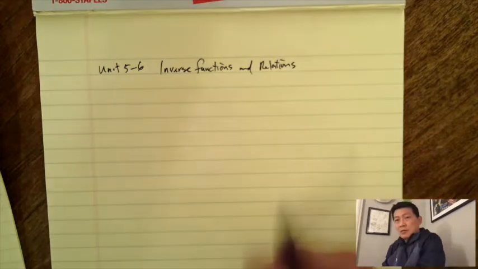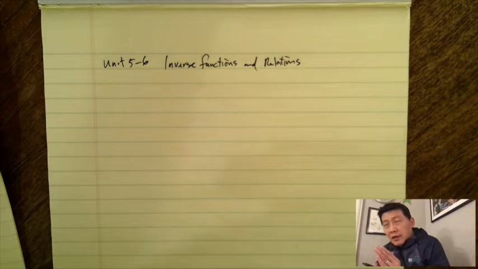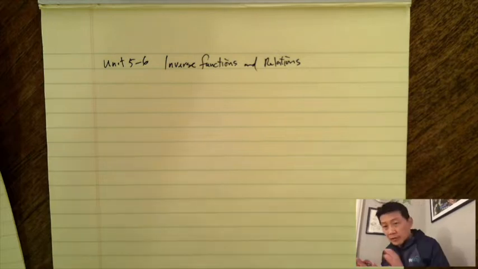Now, you may ask, well, what is inverse function or inverse relations? And I do want to say that oftentimes it is a function, and the inverse of that often turns out to be a relation. Now, it could still remain to be a function, but there are also cases where it becomes non-function, or we call it a relation.